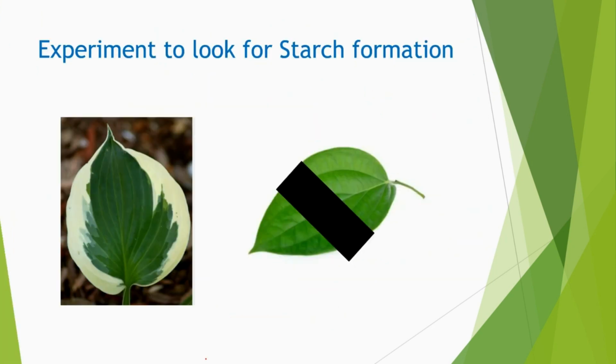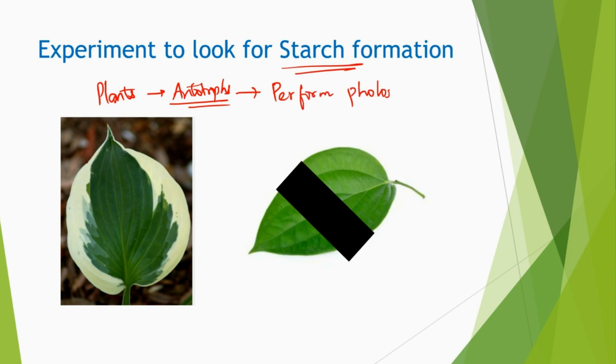Now there were a few experiments conducted to see the presence of starch. I told you that plants are autotrophs, as we discussed in the previous slide. They perform photosynthesis, as a result of which they can cook their own food.